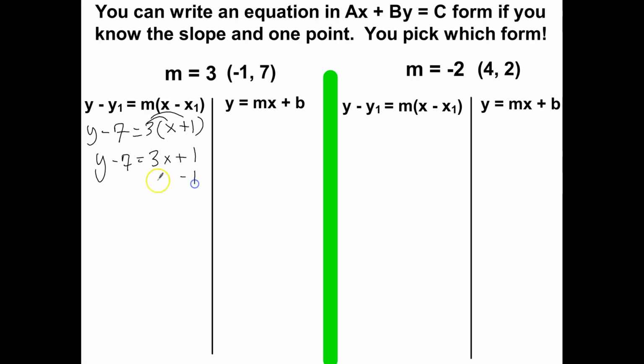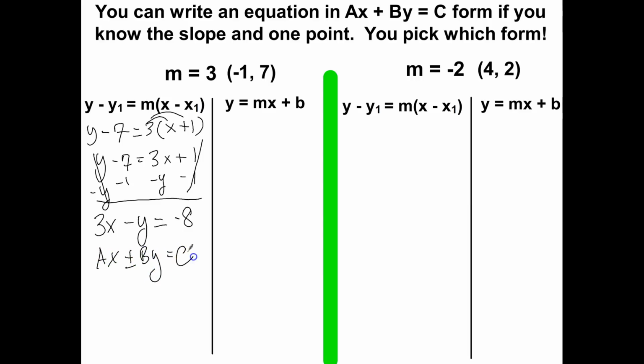So I'm going to subtract 1 from both sides, and I'm going to subtract y from both sides. So when I do that, everybody, this cancels, and I get, you know me, from left to right, as Ahmad says I love to do, 3x minus y is equal to negative 8. It's almost like the cha-cha slide. Okay, and now this is in standard form: Ax plus or minus By is equal to C.